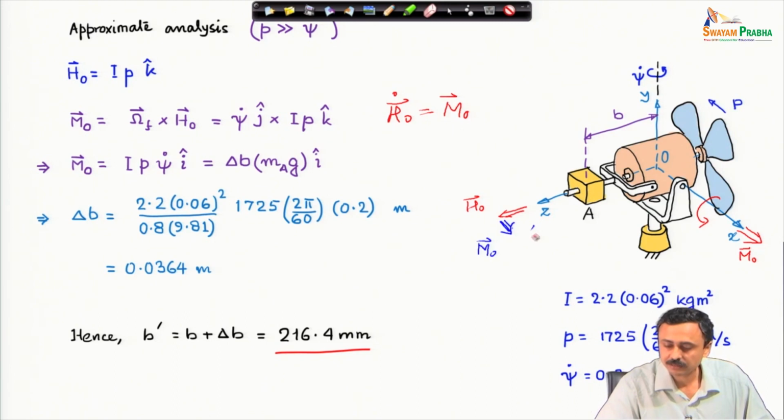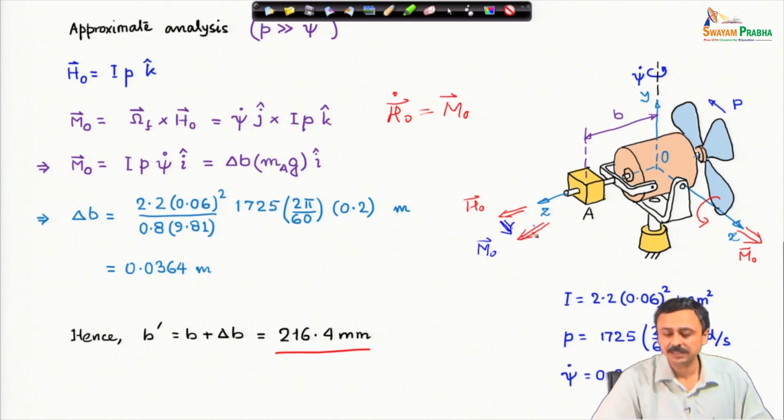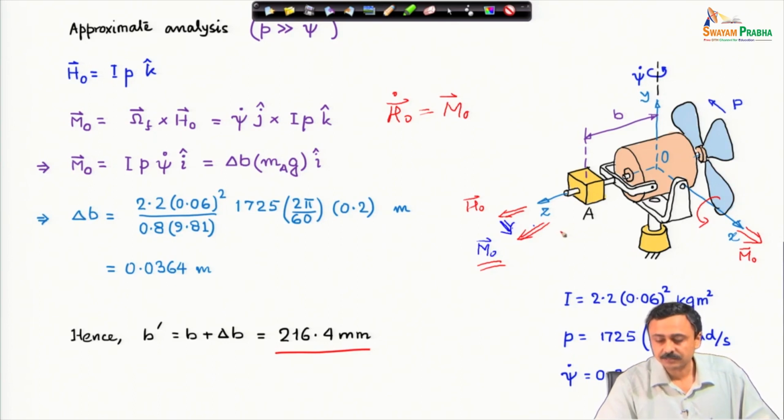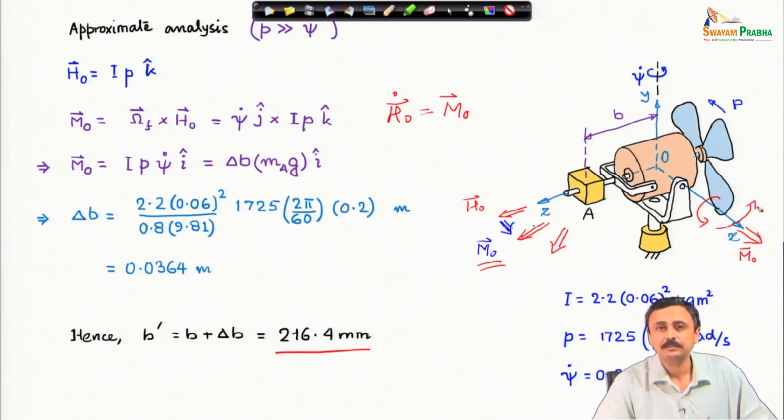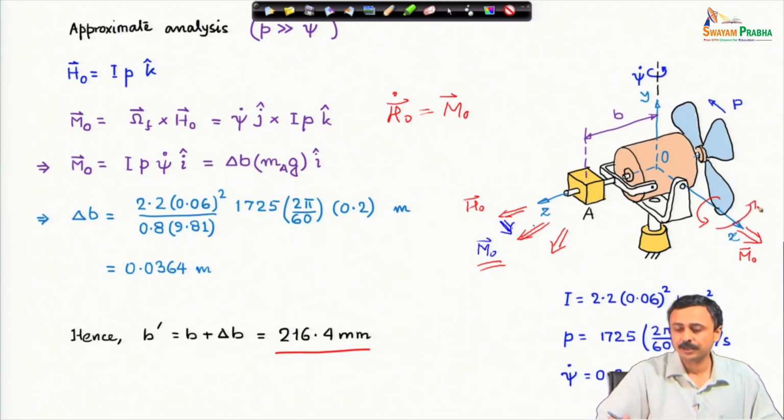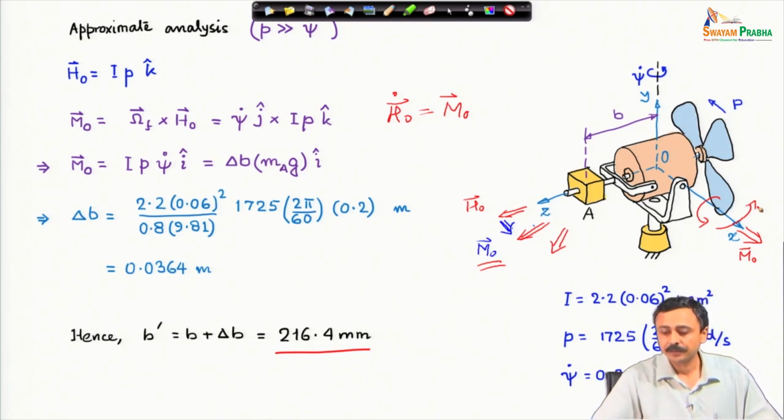Let me draw it in the color that I have been using. After a small time delta t, I will see the angular momentum rotated in this direction, the direction of the applied moment. After another delta t, it is going to rotate further, because as the whole assembly rotates, the x axis is also rotating, and the moment direction is about the x axis fixed to the assembly.